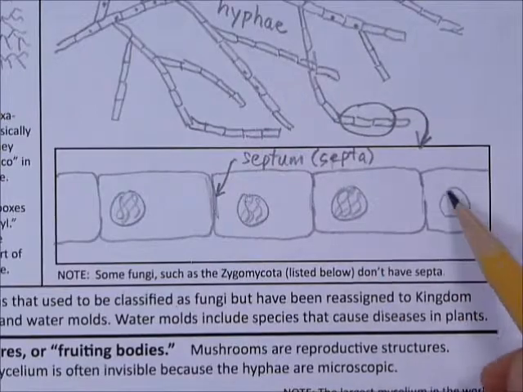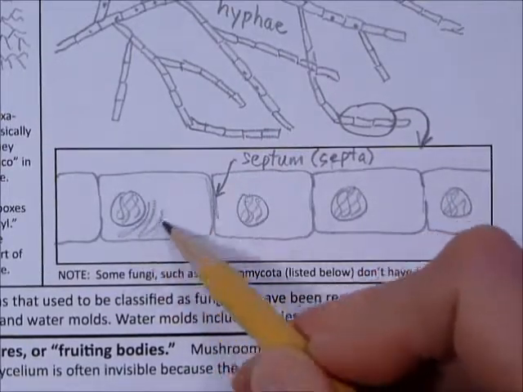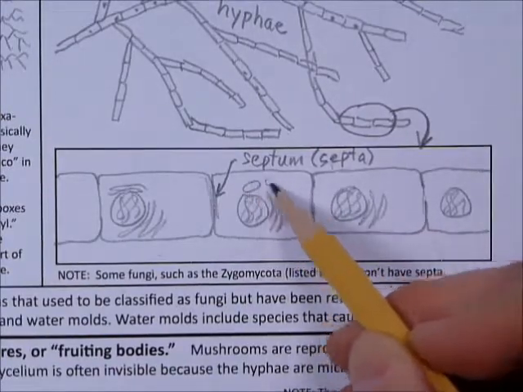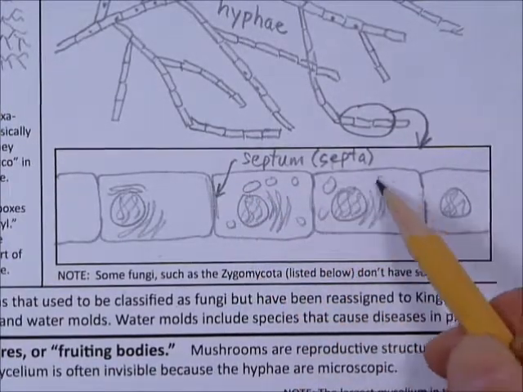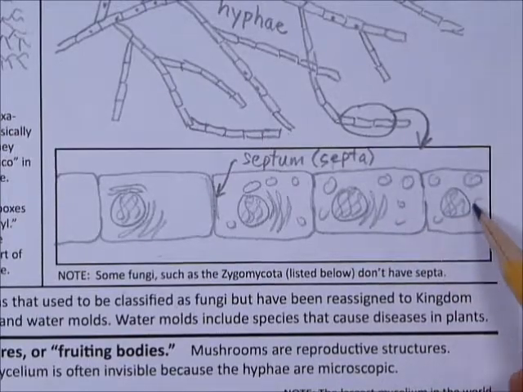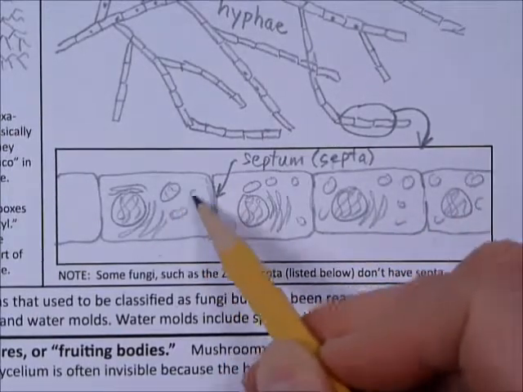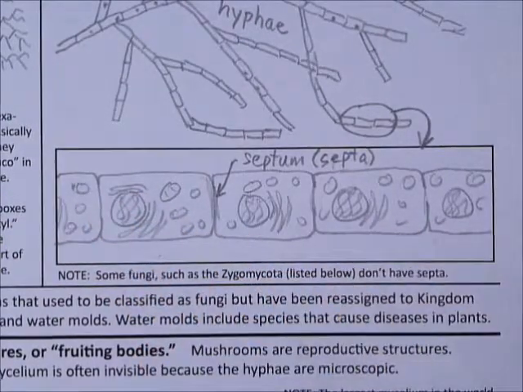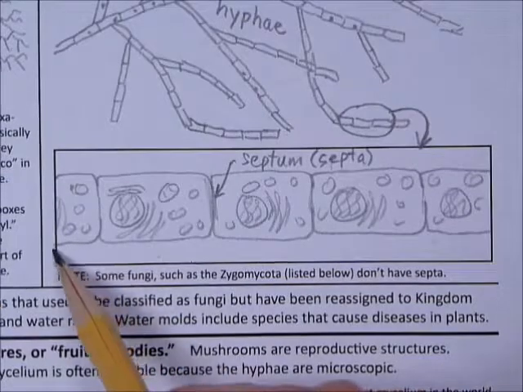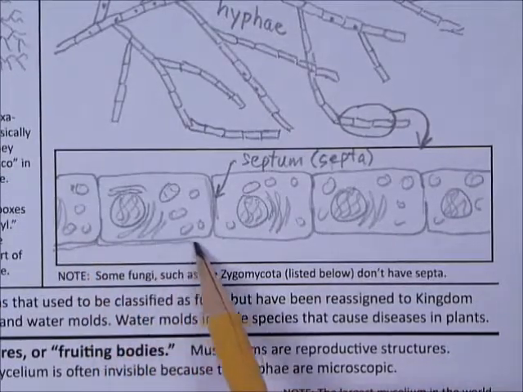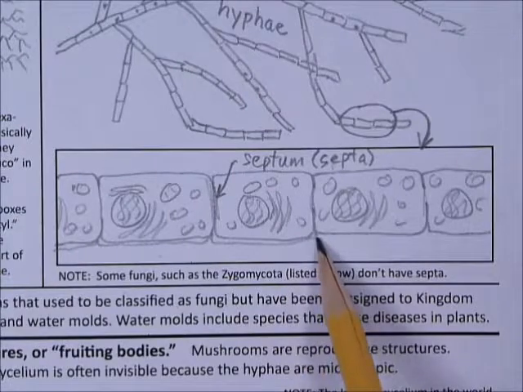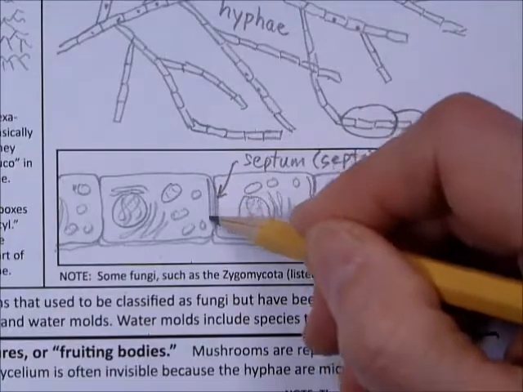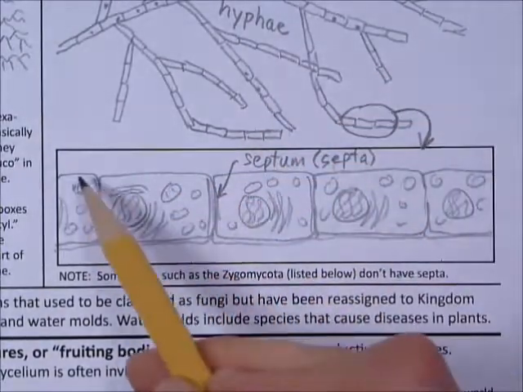Now, don't spend a lot of time drawing these, not like we did that other one. You can just kind of shortcut. We've got a nucleus around here and some little organelles like that. We can even draw the cell wall around it like this. The septum is maybe kind of part of the wall like that.